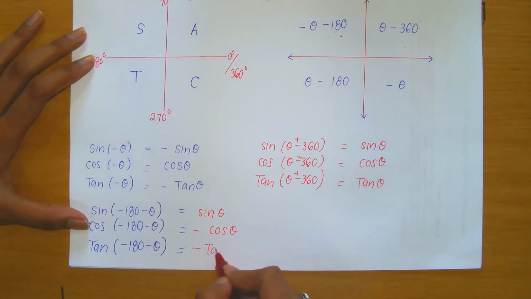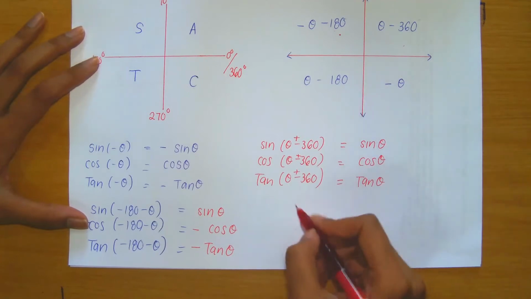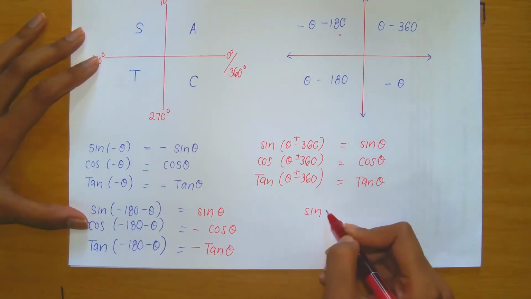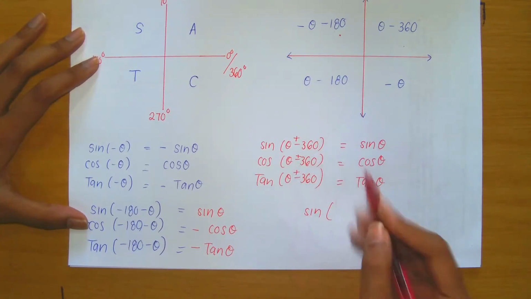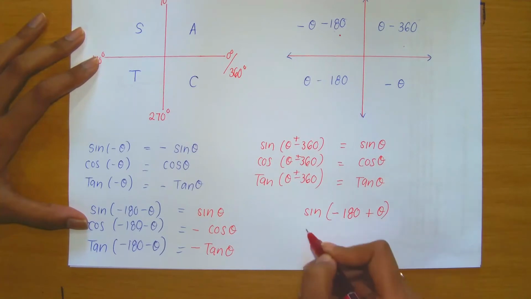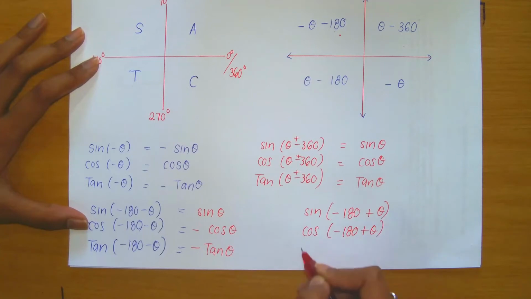Repeating this for the 3rd quadrant, we're now going to compute sine of theta minus 180. I can rewrite that as minus 180 plus theta, cos of minus 180 plus theta, and tan of minus 180 plus theta.